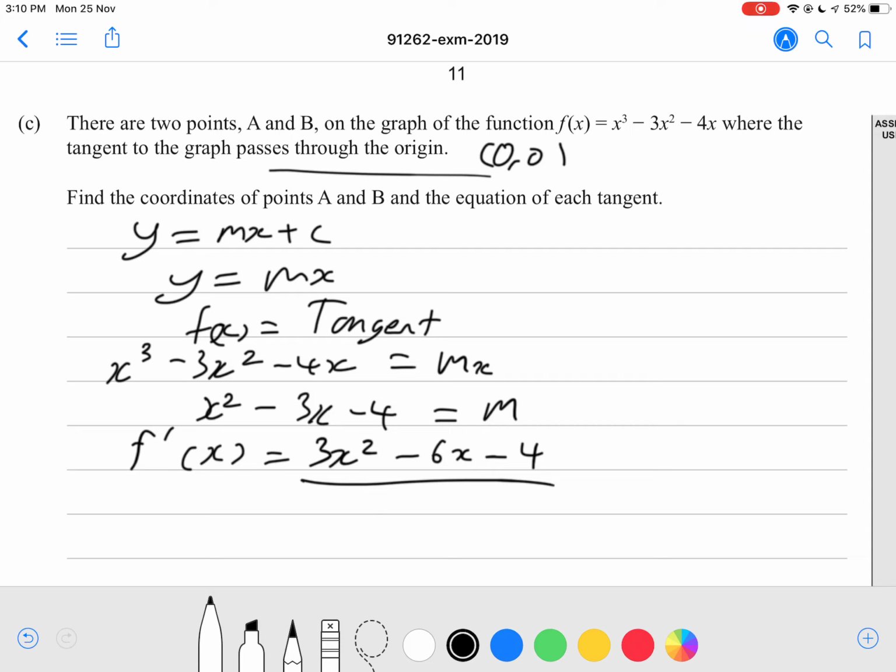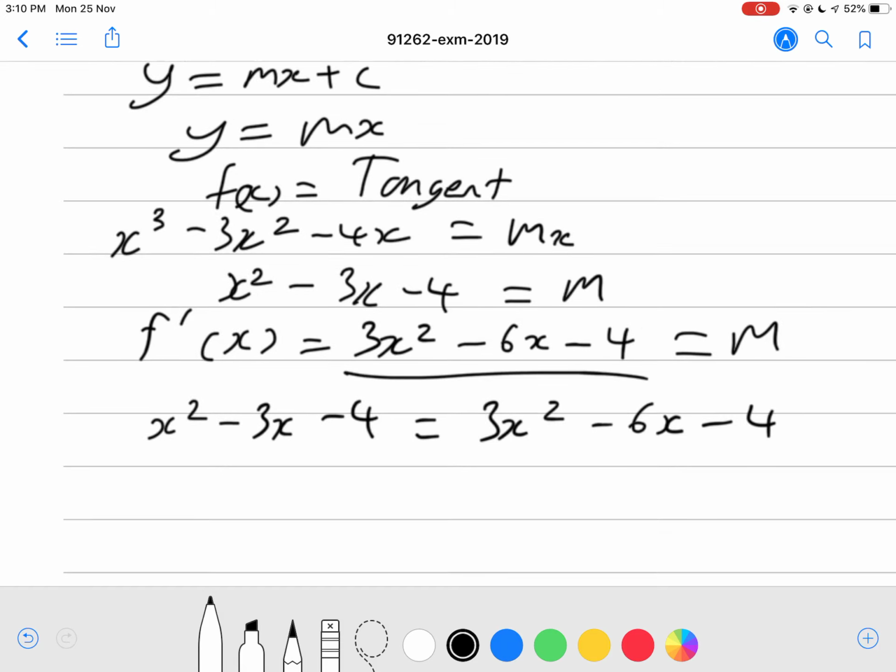So now we have two things that are equal. This also equals the gradient, because the f dash of x represents the gradient of a tangent at that point. So therefore, if we put x squared minus 3x minus 4 equal to 3x squared minus 6x minus 4, we can solve this equation.